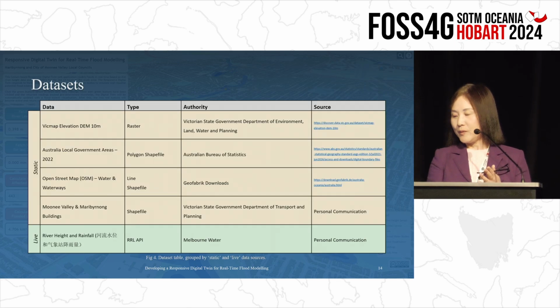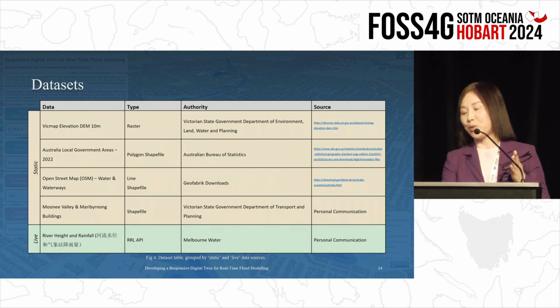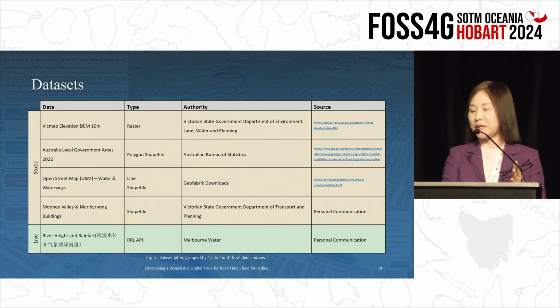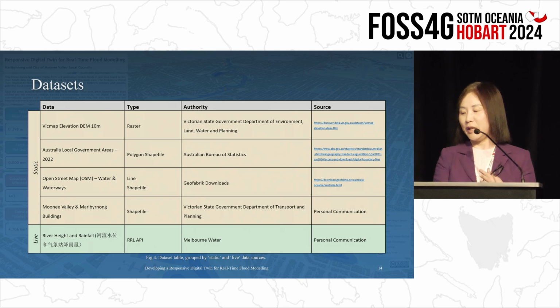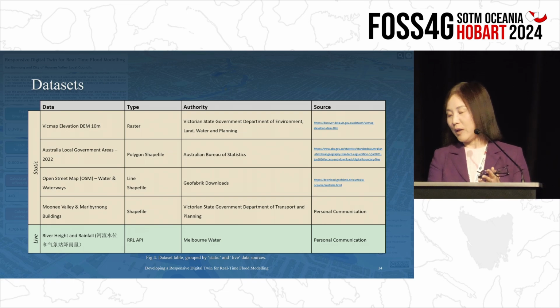The data collection included two parts. One is the traditional GIS model, including static data such as the DEM. During the time when the student developed this program, we only used the 10 meter. Currently, we are updating the system to use a 1 meter DEM. Also OSM data and some council and government data from DTP, DEECA, Victoria.